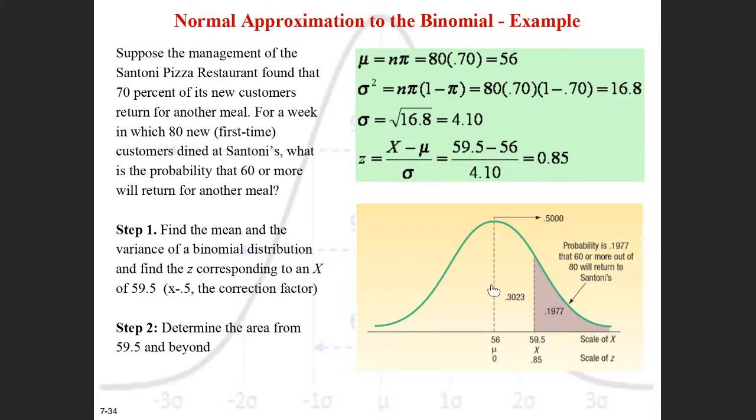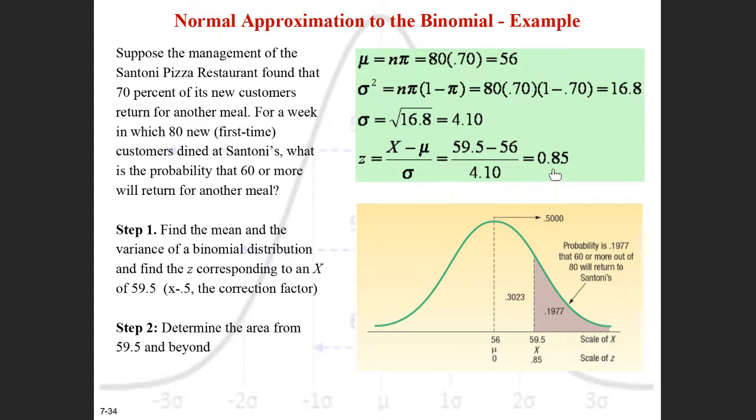So if we look at the chart here, 56 is our mean from up here. Standard deviation is 4.10. We want to find the z corresponding to an x of 59.5. 59.5 is here.